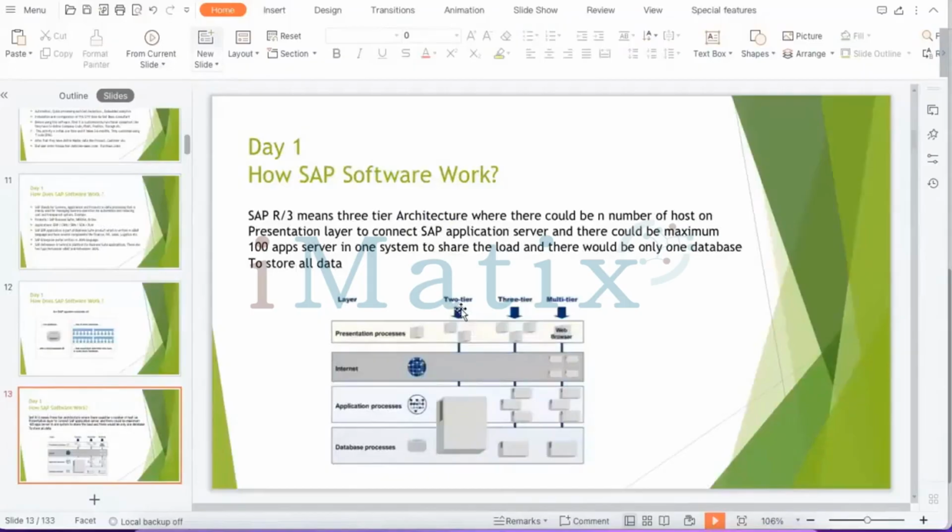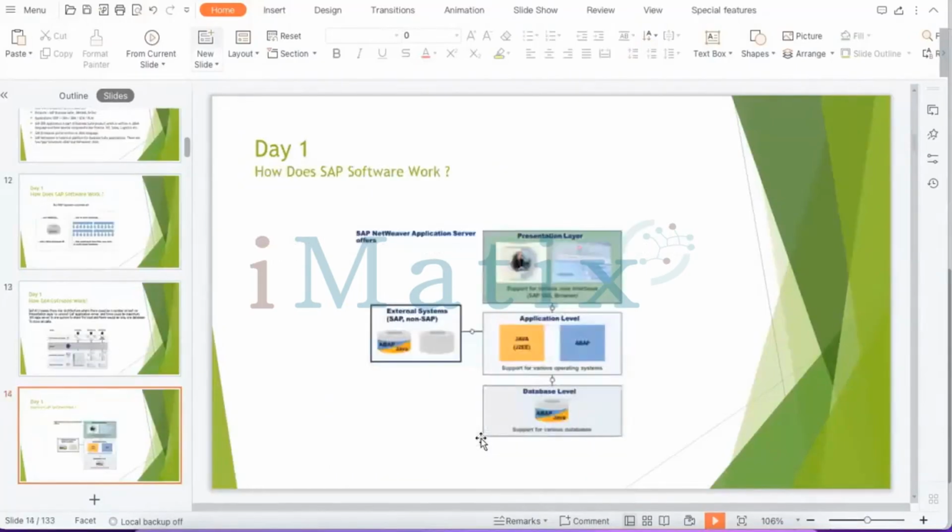We have the layers: 2-tier layer, 3-tier layer. You are now familiar with the presentation layer, application layer, and database layer R3. How are you going to log in to the SAP system?